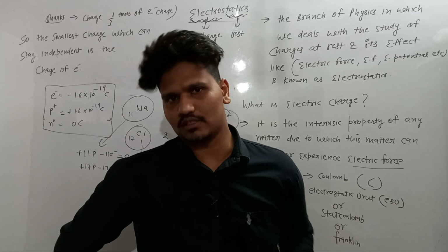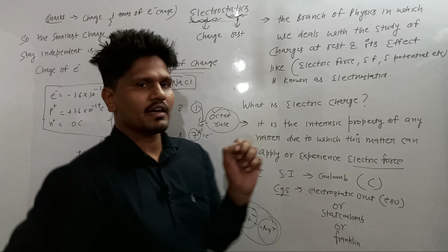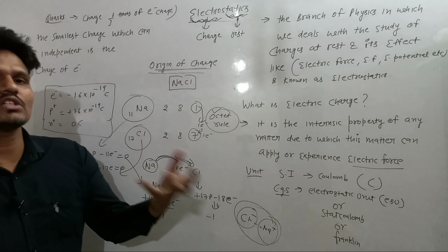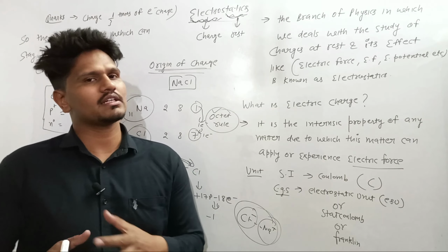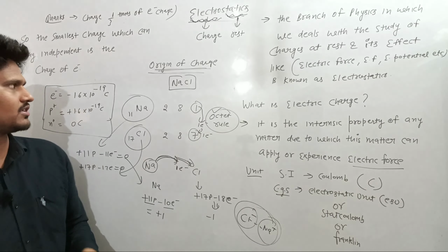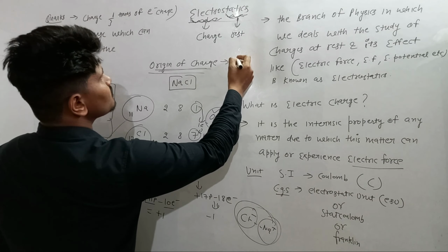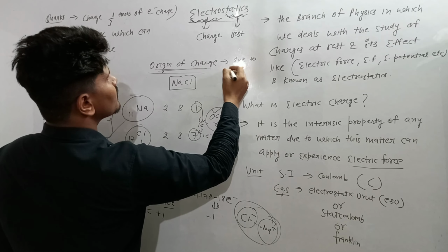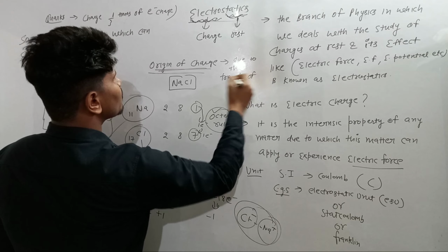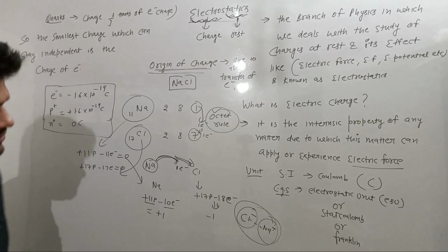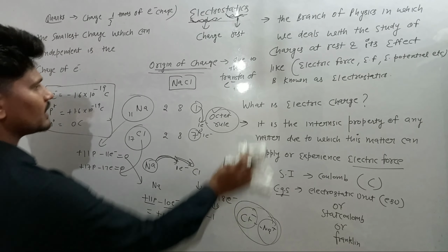This is the origin of the charge. In order to gain stability, atoms often lose or gain electrons. So transfer of electrons is the reason for gaining electric charge on any body. The origin of charge is due to the transfer of electrons.